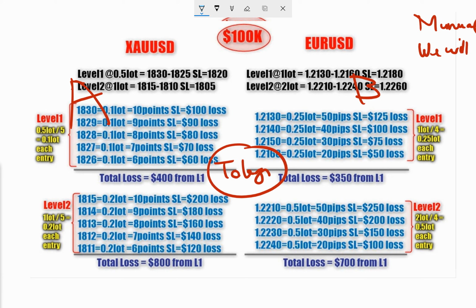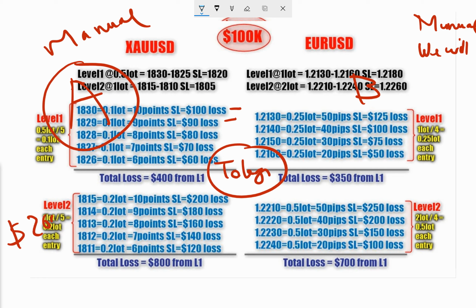So let's suppose that client A follows the manual one, meaning entries 1 and 2 for gold have activated, and client A has the target of $200 profit in his account, then he is going to book it manually.